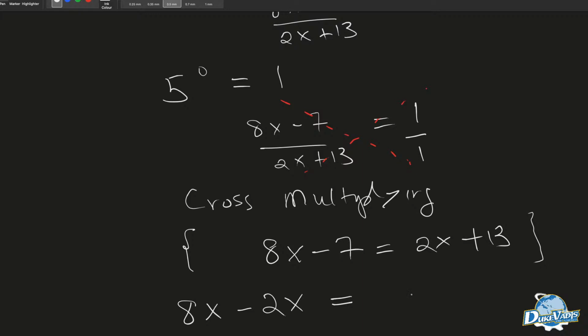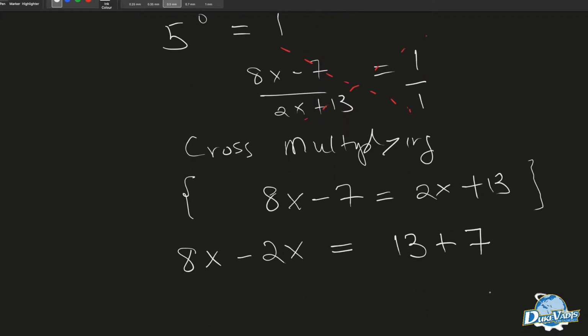And over here, I'm going to get 13 plus 7. So I've grouped the like terms. What I did to the 7 was I added 7 to both sides. Now we see that 8x minus 2x will give us 6x, friends? And 13 plus 7 will be 20.